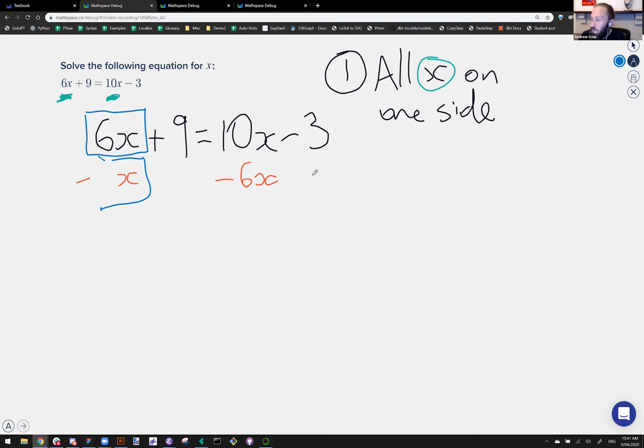Okay. I've got a thing, I want to move it, so I subtract the same thing and they'll cancel out. And then x will be all on one side, just like I wanted. So I know what changes over here on the left. 6x minus 6x, they disappear. I'm just left with 9.